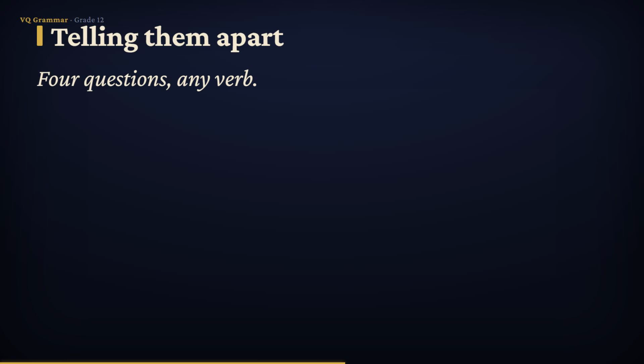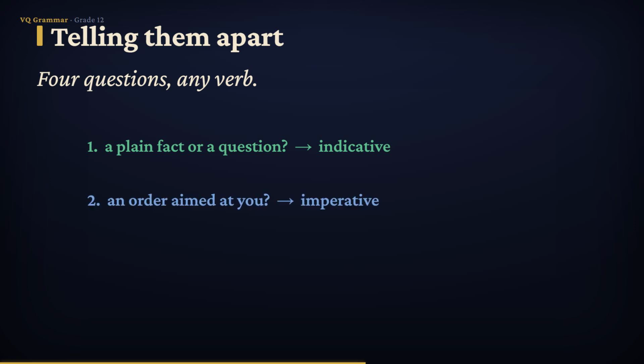Let's turn all of that into a quick check. Ask these in order. 1. Is the verb just stating a plain fact or asking a question? Then it's indicative. 2. Is it an order aimed straight at you with no named subject? Then it's imperative. 3.